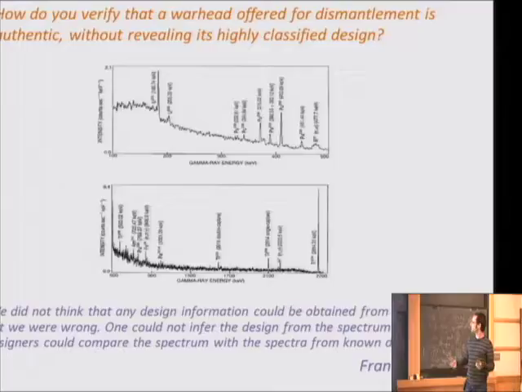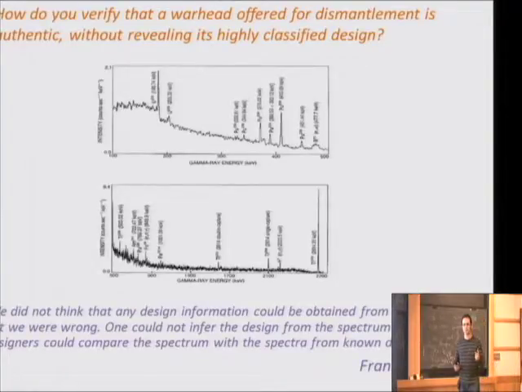So, one example for why these things are delicate is that, as part of these mutual trust measures, the Soviets at some point let the US take a gamma ray spectrum of a cruise missile. Their idea was that you couldn't learn the design by looking at this graph, but they were wrong, and they regretted it later.